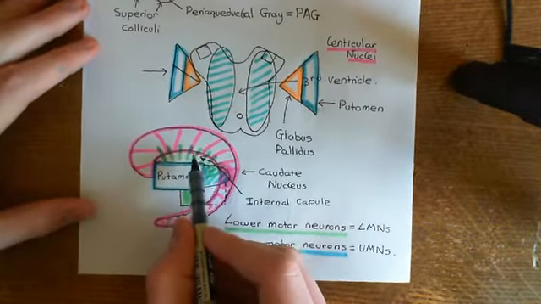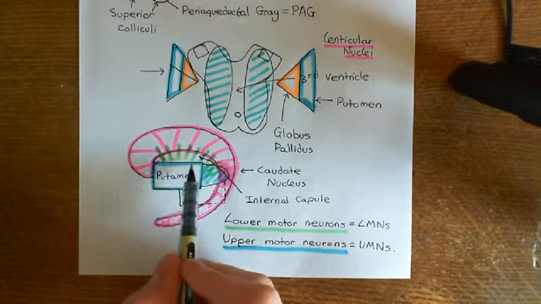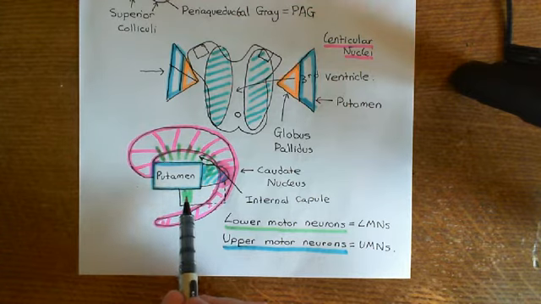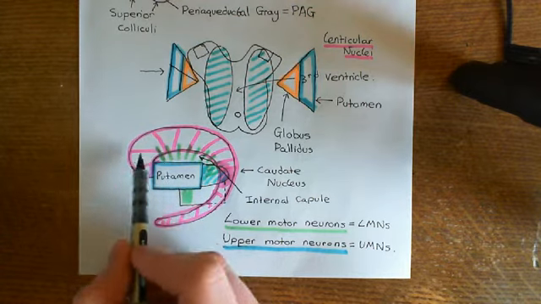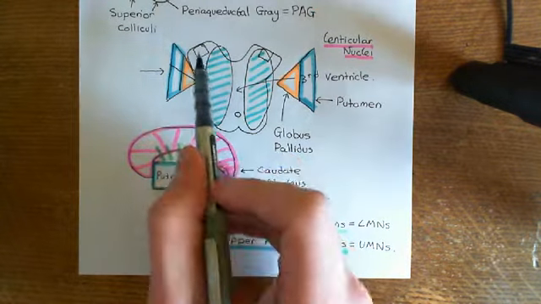The internal capsule is this great band of axons that are going to move in between the caudate nucleus and the putamen, and they're then going to come into the crus cerebri of the midbrain. Here we're looking at the left-hand side, so they're coming into the left crus cerebri of the midbrain.